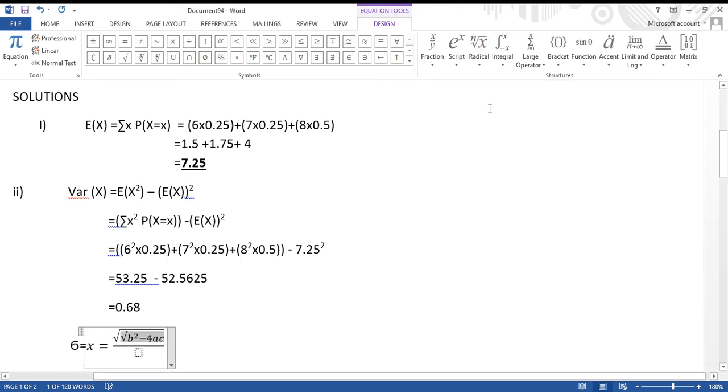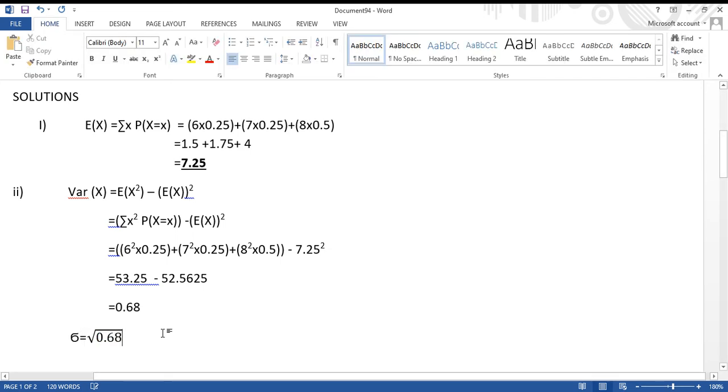To get the square root of 0.68, the square root of 0.68 is 0.824.